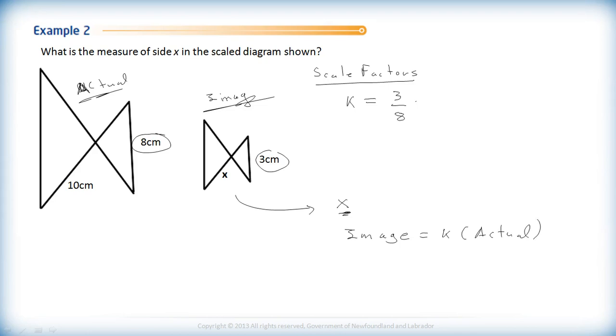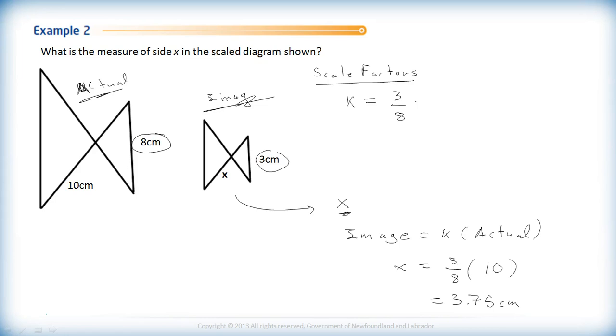So in this case, x should be equal to our scale factor K, which was 3/8, multiplied by the actual, which was 10. Okay, so that's just going to be 30 divided by 8, and we have a measurement of 3.75. So x would be 3.75 centimeters.